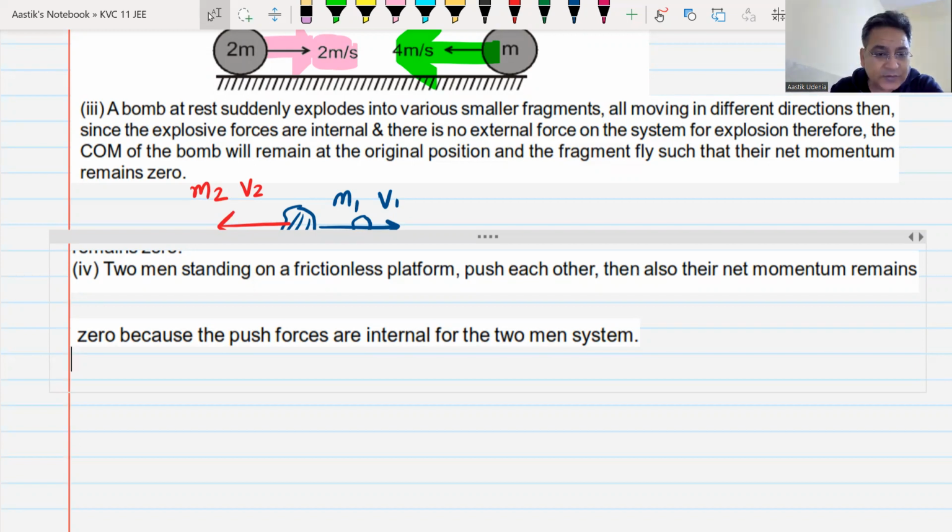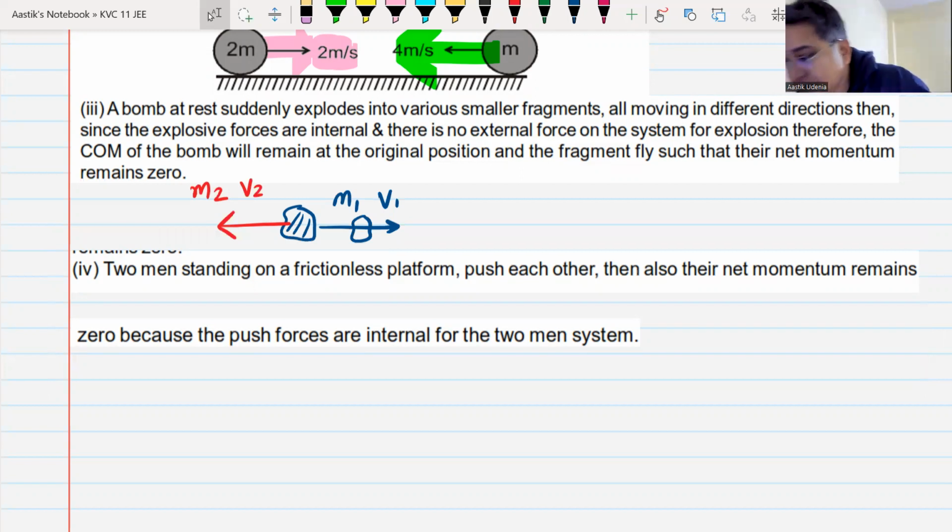This is also one more example of velocity of center of mass being 0. We will be solving problems on this in the next class. So you just go through these examples, and in the next class we'll solve questions on this and see how we can get answers from this concept.